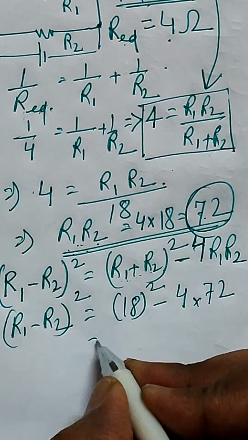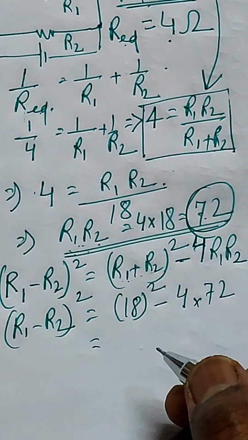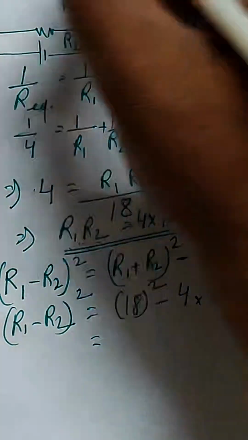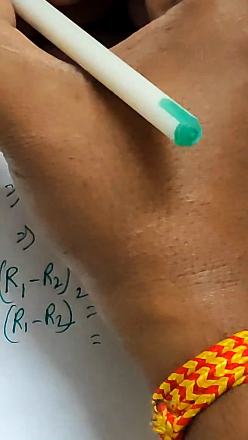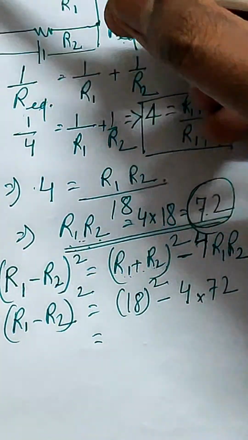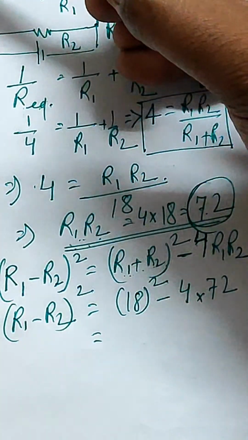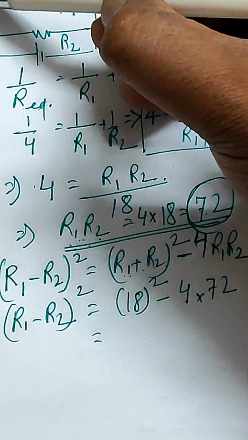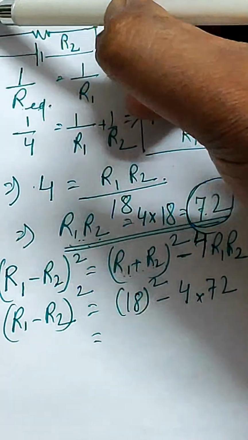So this will give you, just solve it, 18 square. What is the value of 18 square? 18 into 18 is 144 plus 180, that is 324.